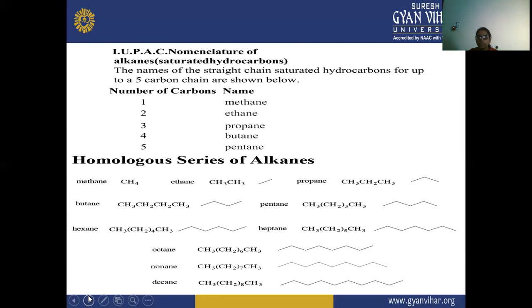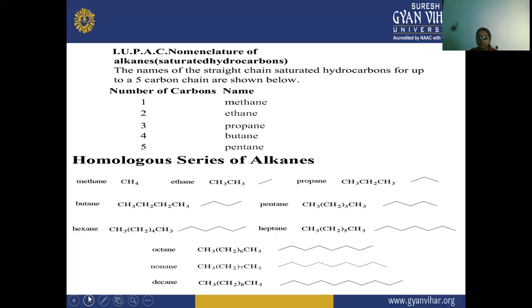A straight chain saturated hydrocarbon means the carbons are bonded to each other by single bonds. Up to a five carbon chain means the carbons in the chain are bonded by single bonds, and they are named according to their number. If it contains 1 carbon atom, then it is known as methane.